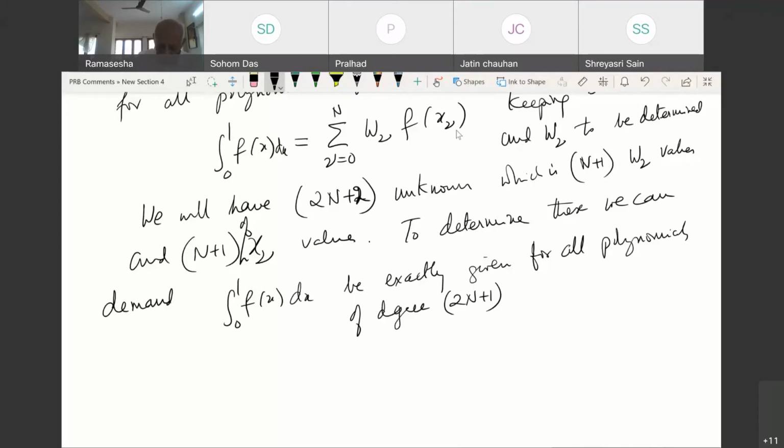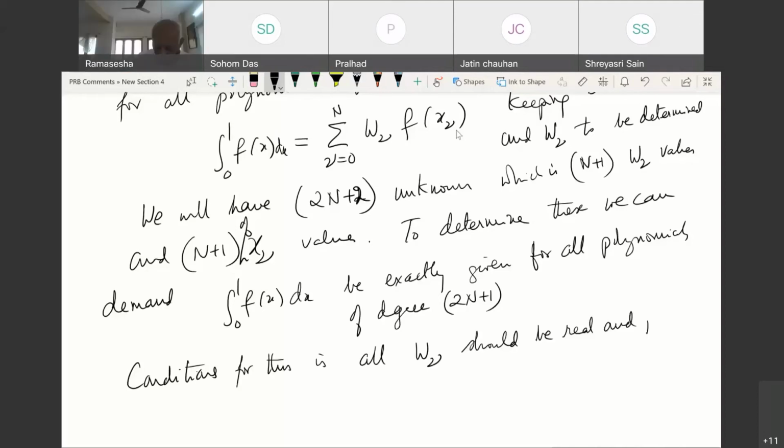But what are the conditions? The weights should be real and positive. Okay, because they are the weights. We are weighing a function evaluated at a particular point.